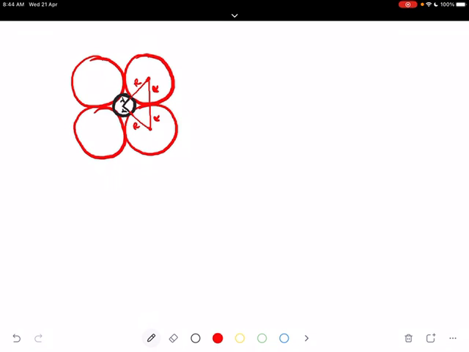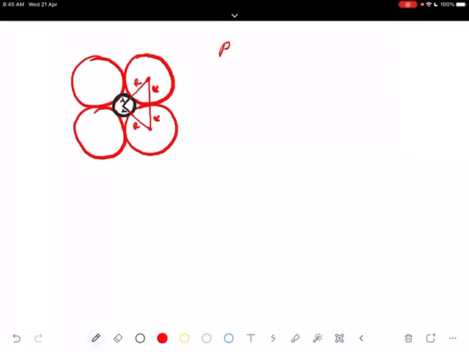So this much, that is (R + r)² plus this (R + r)² is equal to (2R)². According to Pythagoras, this is the relation.